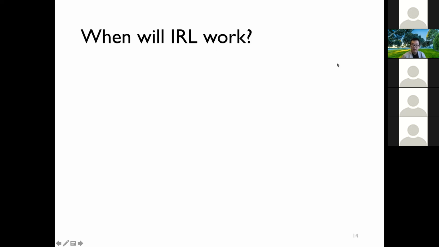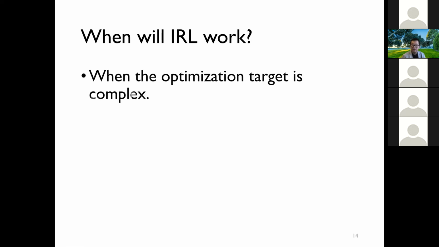For the first part, I also want to say a few words about when we think inverse reinforcement learning can work, right? So why do we do metric learning, right? So I think it's important to consider the situations where the optimization target is complex. So let's say if you're training a reinforcement learning agent to play Super Mario games, right?